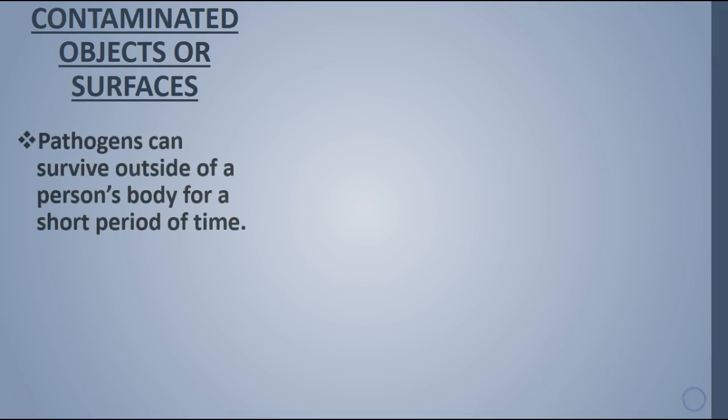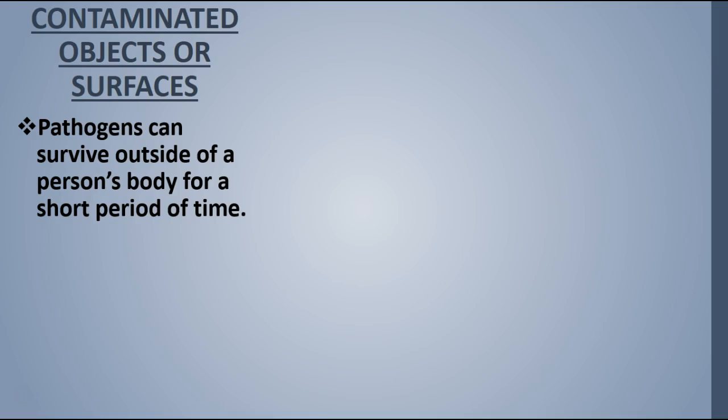Pathogens can also spread from one person to another by contaminated objects or surfaces. When somebody has an infection and they touch a surface such as a doorknob or your cell phone or a laptop keyboard, those pathogens can survive outside the body for a very short period of time, minutes to hours, we'll say.